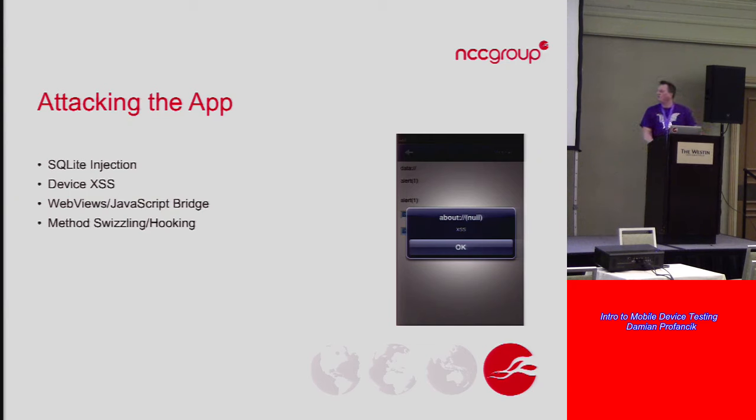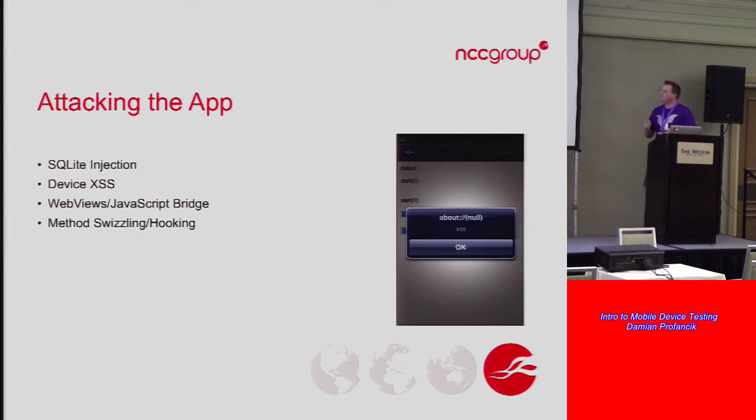And lastly, something called method swizzling, or hooking in Android. This is essentially hooking the APIs that the application is calling, to maybe exfiltrate data. A coworker of mine was doing a test on the little handheld devices that they use on airlines, where you buy a drink and they scan it.